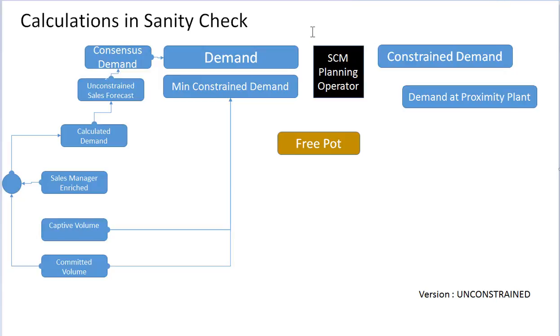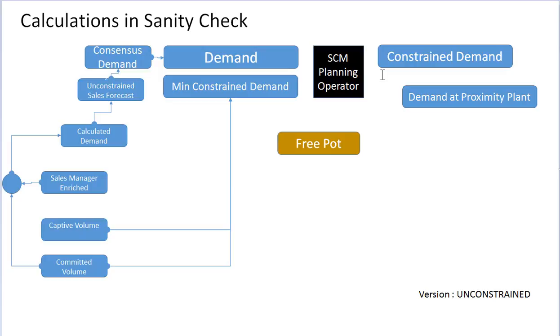After the supply chain operator is run, one of the key outputs of the planning operator will be the constraint demand, the level in which the plan can satisfy the original demand.